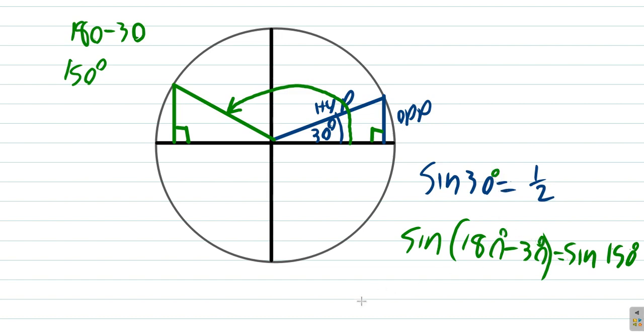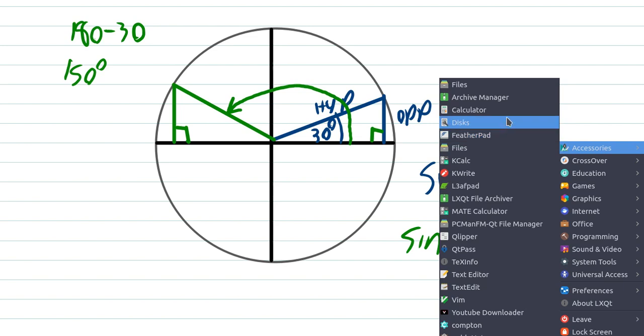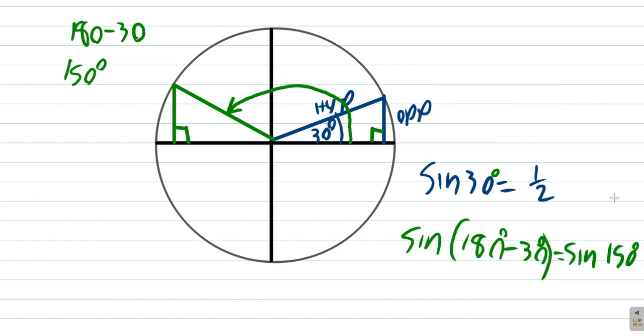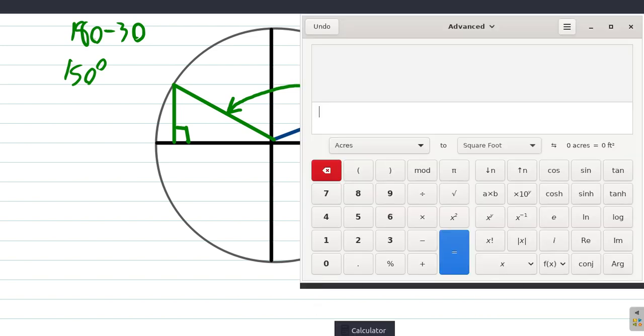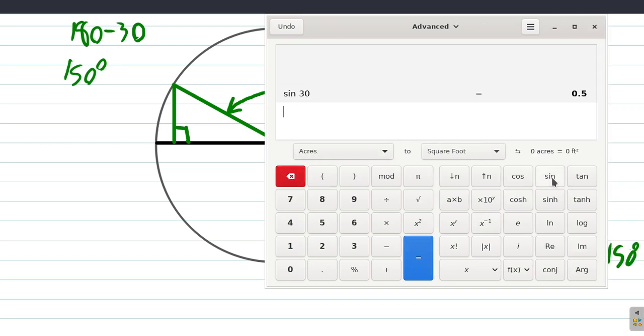Is that going to work out? Let us see if the sine of 150 degrees also gives us a half. So sine 150 equals, you see, it is a half.